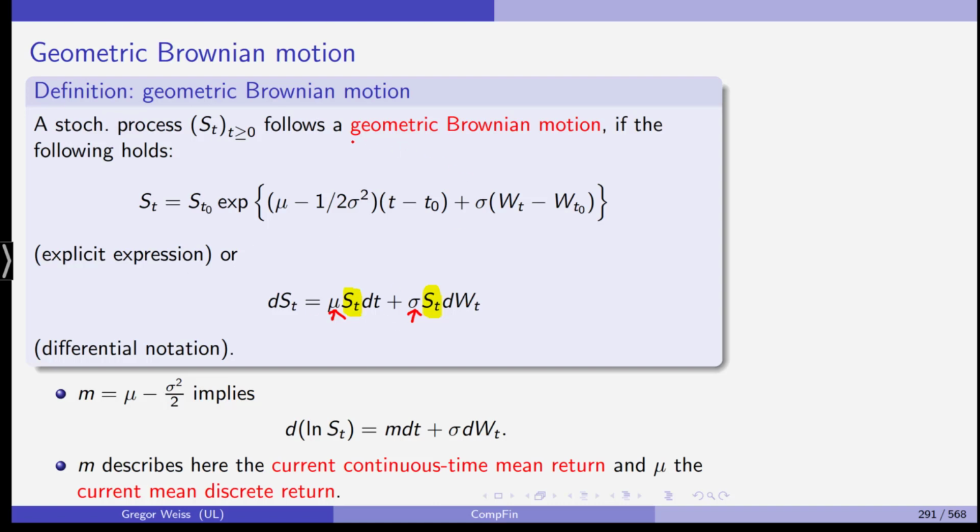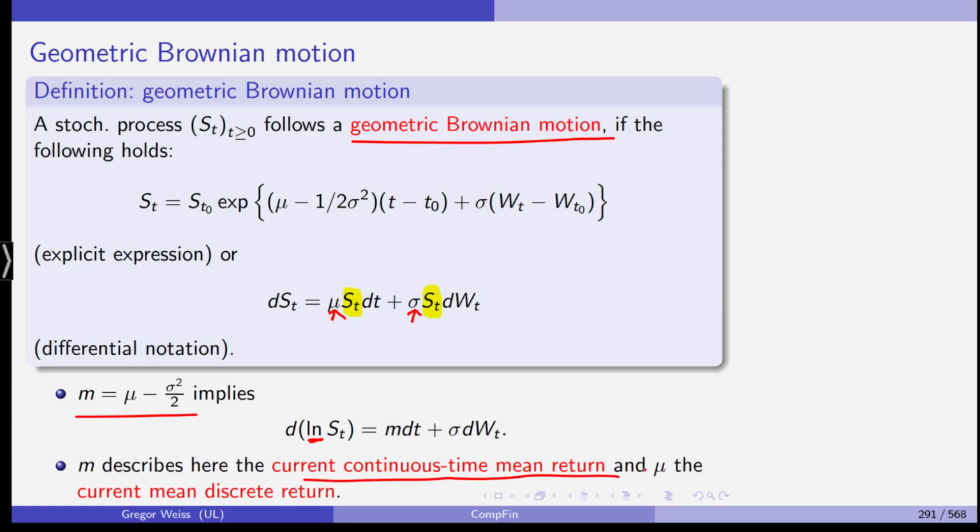Now, if we were to use m equal to the drift minus the diffusion divided by 2, this would imply that, again, if we take the difference in the log prices, we get m dt plus sigma dW. So m, in this case, describes the continuous time mean return, and mu the mean discrete return.